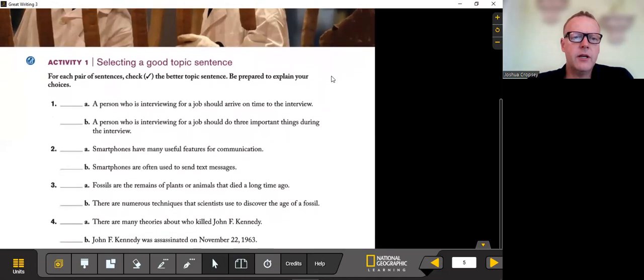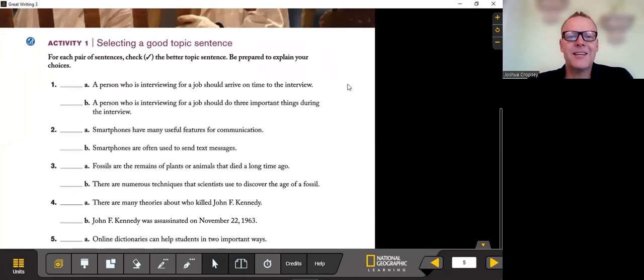Let's take a look at activity 1, selecting a good topic sentence. For each pair of sentences, check the better topic sentence. Be prepared to explain your choice. Okay, that's very straightforward. Go ahead, read both sentences and check the one that you think makes the best topic sentence. Pause the video. When we come back, we'll take a look at it together.